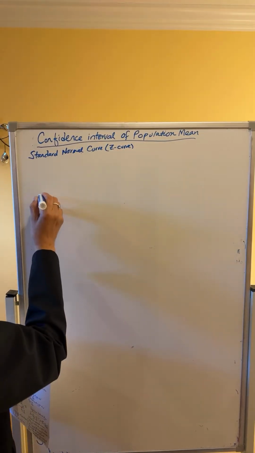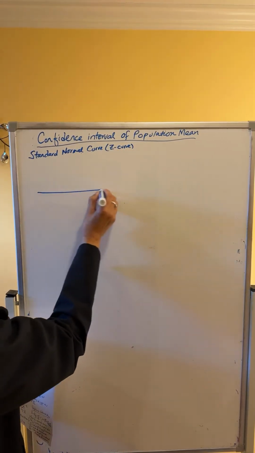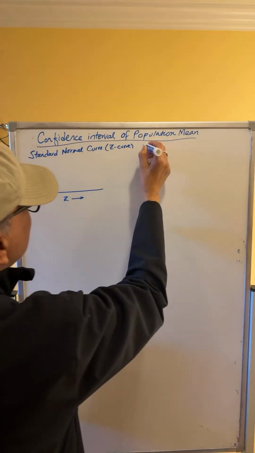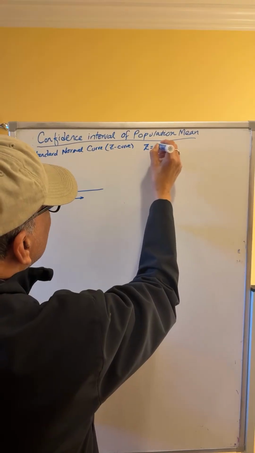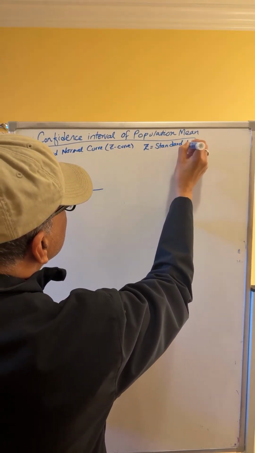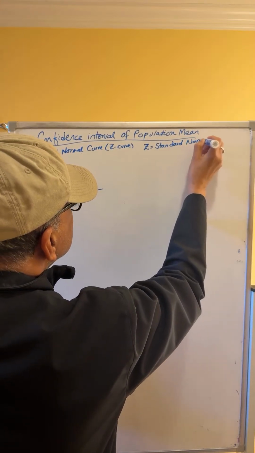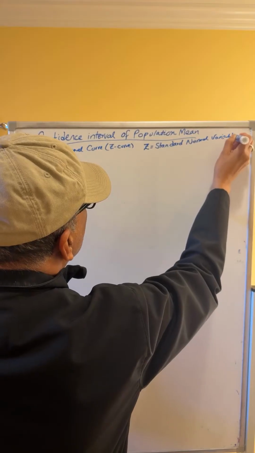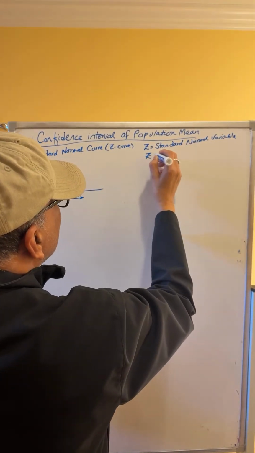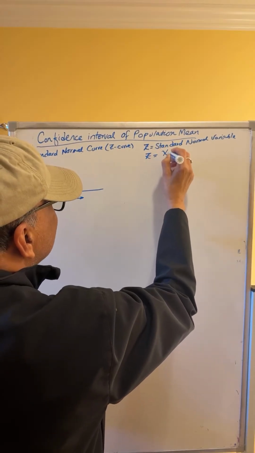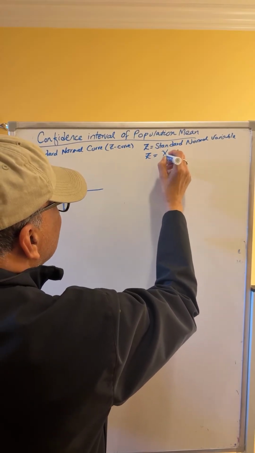So we have Z on the horizontal axis. Z is the standard normal variable. And Z is given as how far the random variable x is located away from the mean.